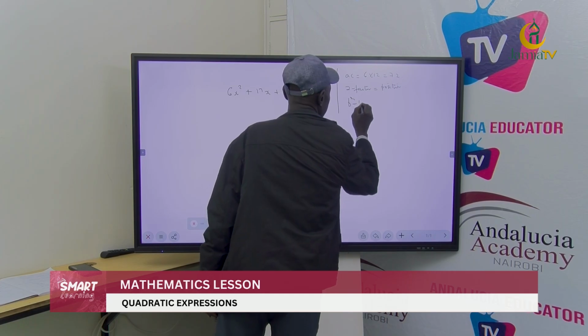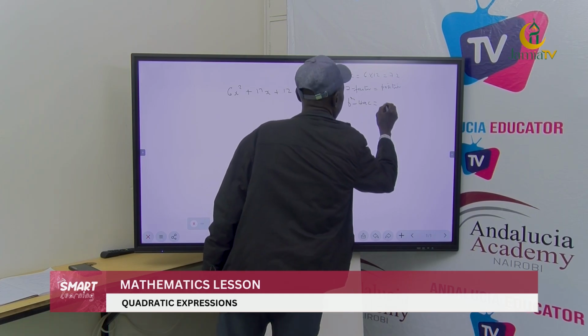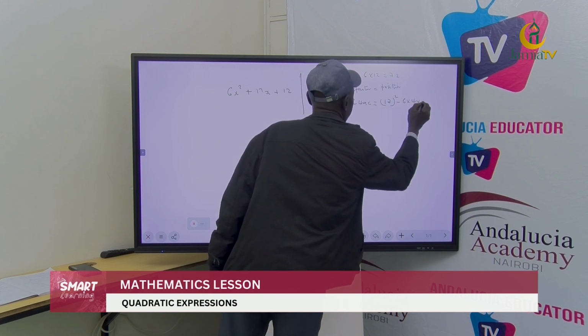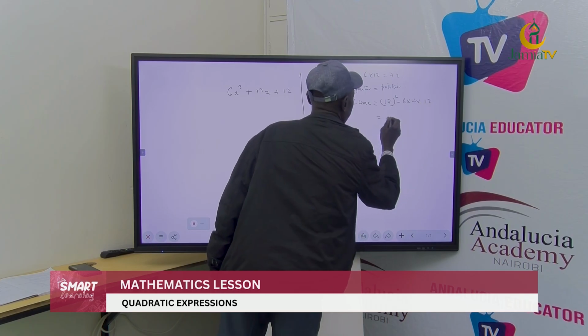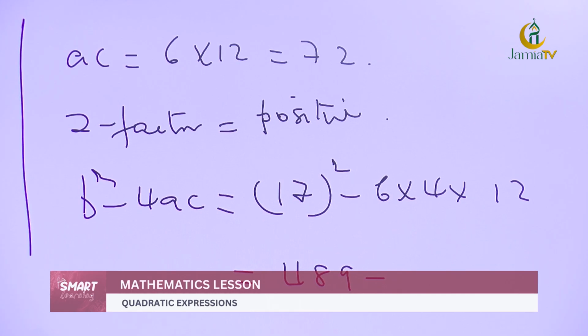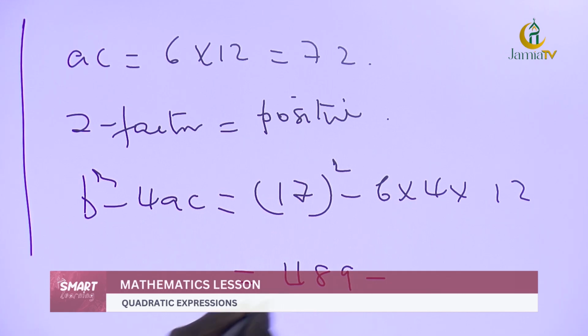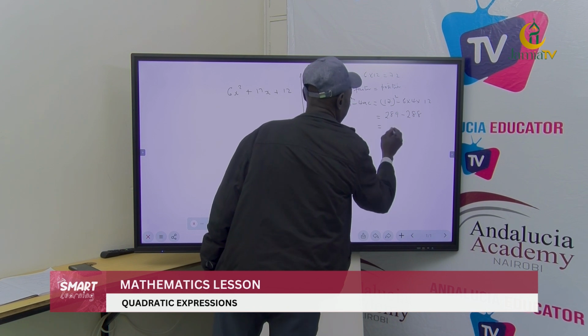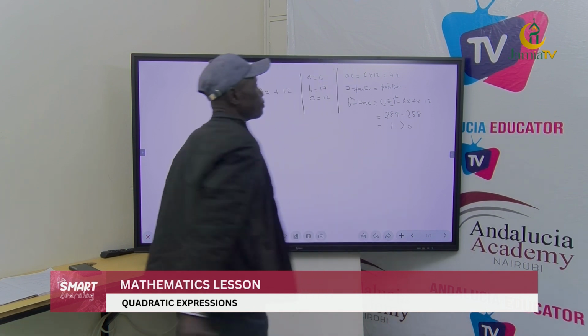Our B squared minus 4AC is going to be equal to 17 squared minus 6 times 4 times 12, which will be 289 minus 288. You can use your calculator to get that, 1, which is greater than 0.